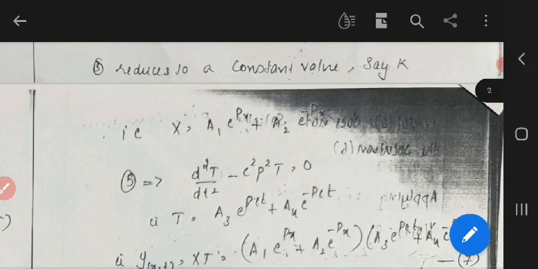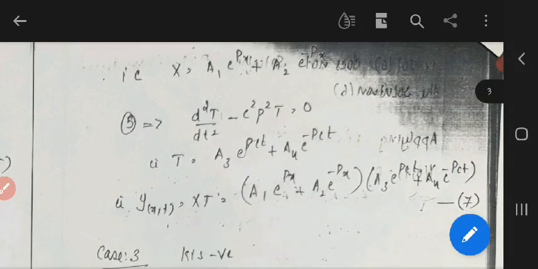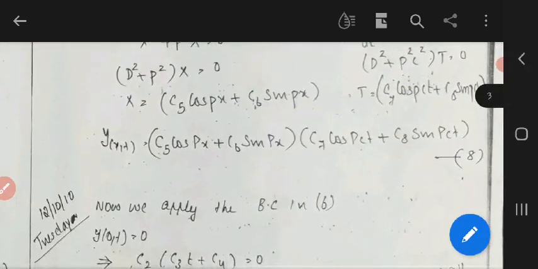As we discussed in the heat equation, the cases for constant equal to 0 and positive give you the trivial solution, y equal to 0, that we are not interested in.